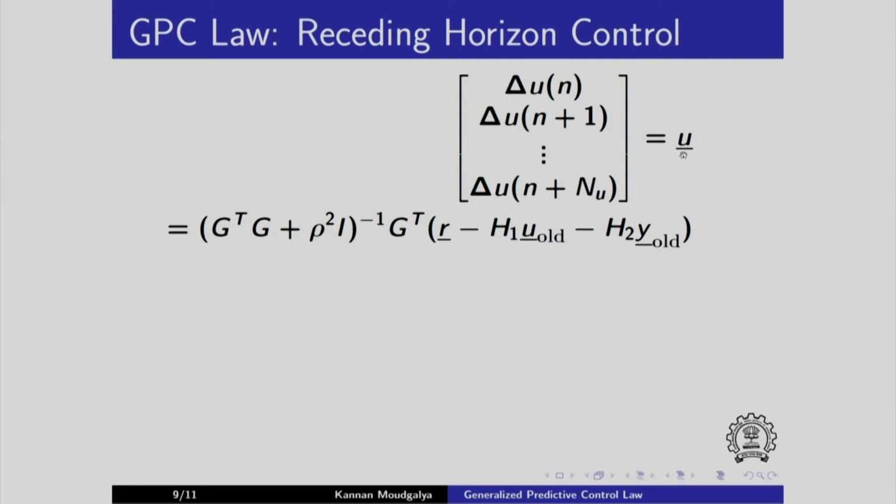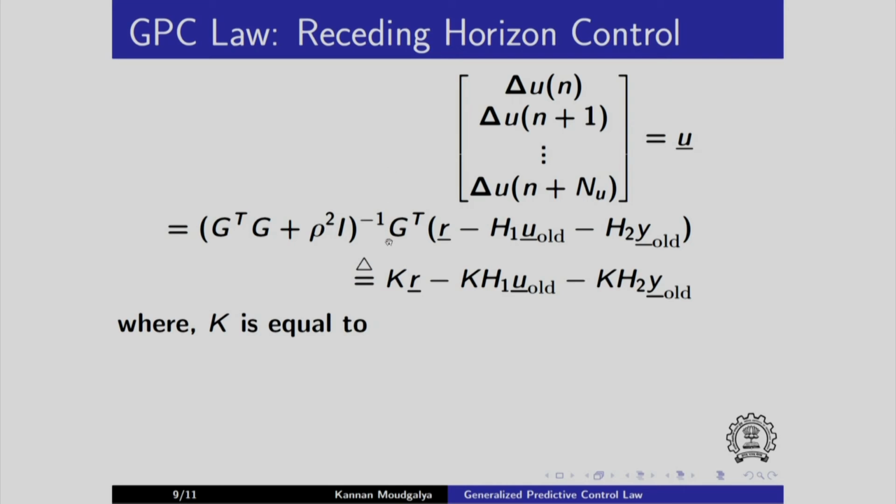Okay, this is what we arrived at in the last slide. Control effort U is given by this, whereas this control effort is in the form of delta U terms. Now that can be written as some K times this whole thing, and what is this K?